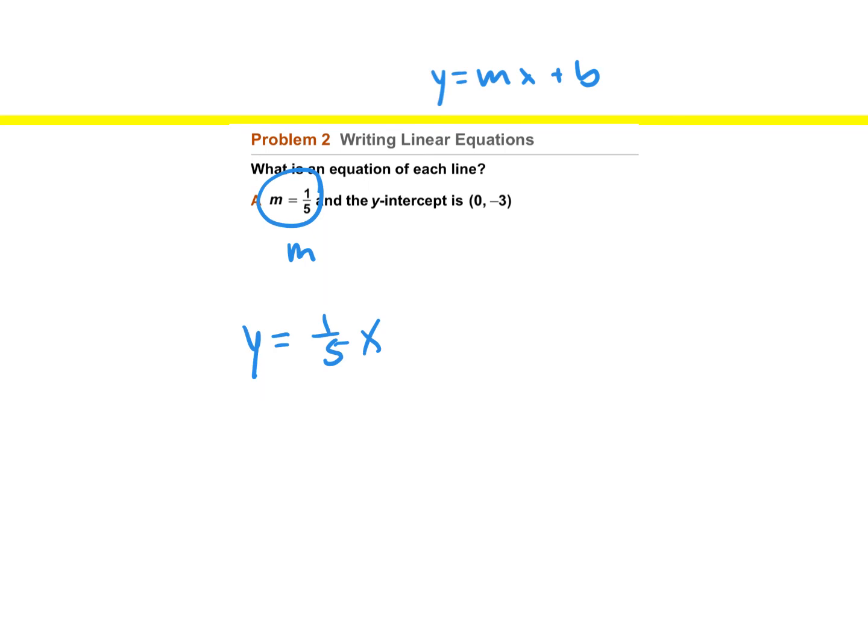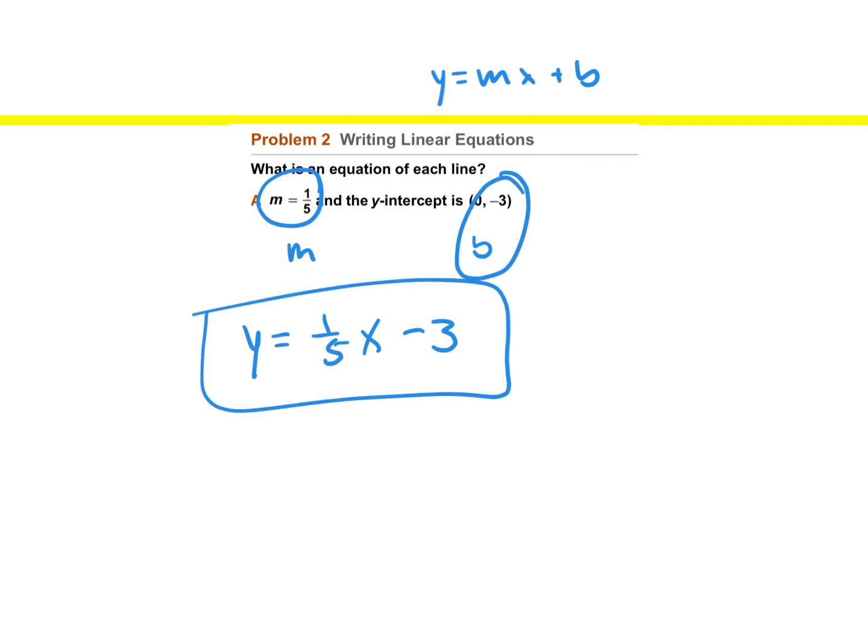What's my b? -3. It tells me y-intercept is -3. So what do I put after that x there? -3. And that's it. So here it just asks you to plug in the m and the b. Any questions here?